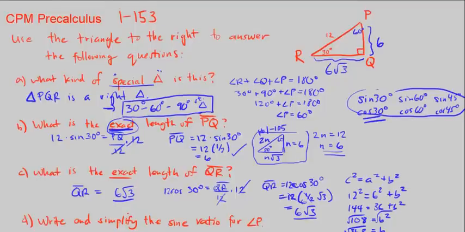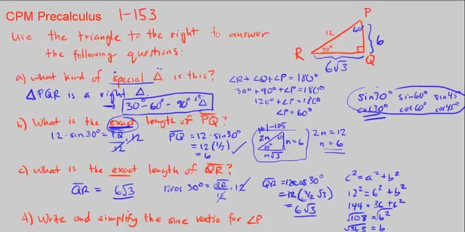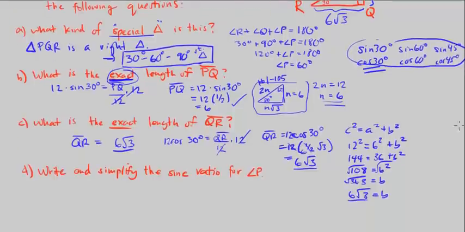Part D asks us to write and simplify the sine ratio for angle P. Looking at angle P, what is the sine ratio? From SOHCAHTOA, sine of angle P is equal to opposite over hypotenuse.